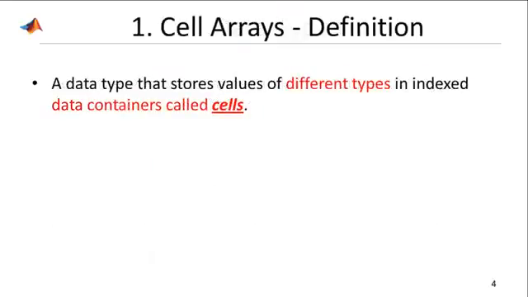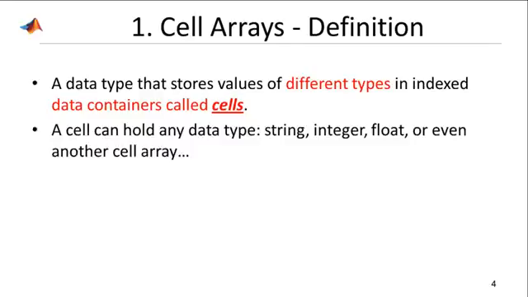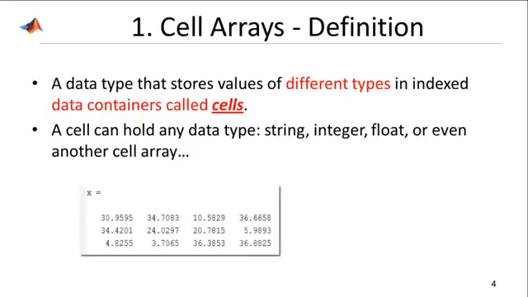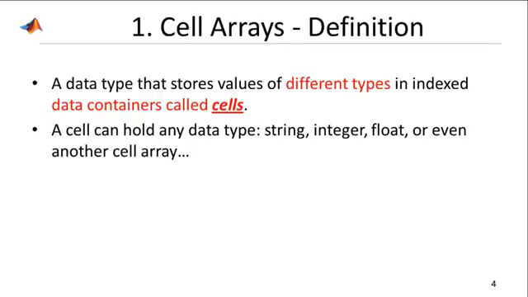Now, a data type that stores values of different types in indexed data containers is called cells. What this means is that a variable can hold multiple data types. This is something we haven't done yet. If we had an array, it was either all numbers or all single letters. But now we can officially store every data type in one single variable.